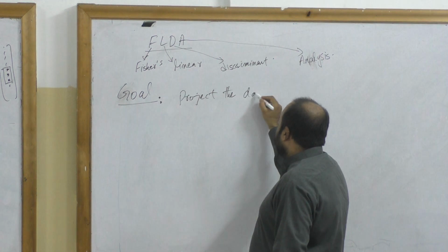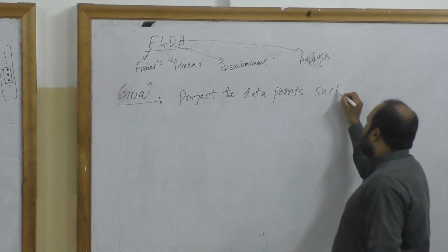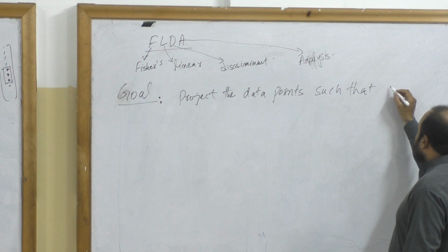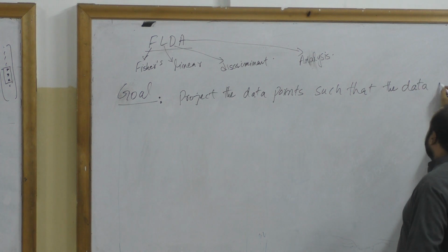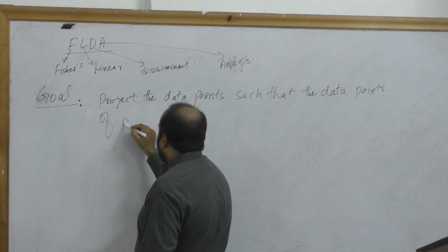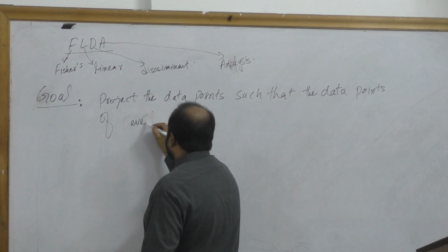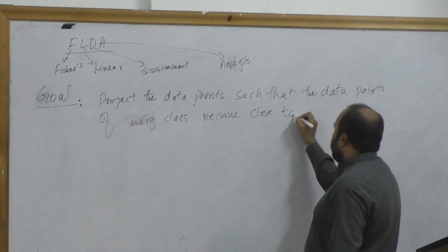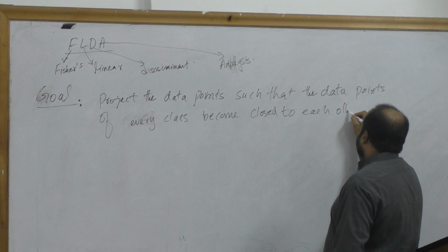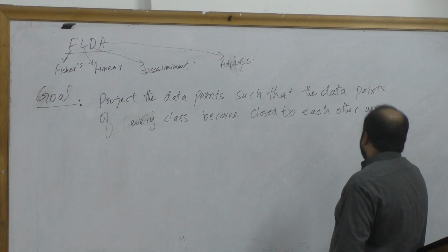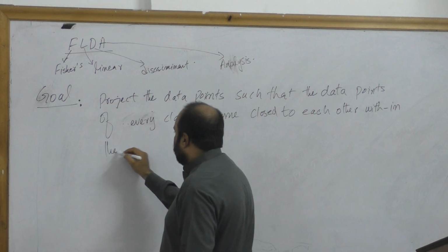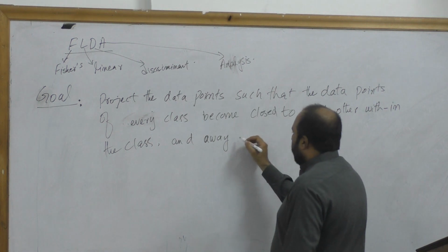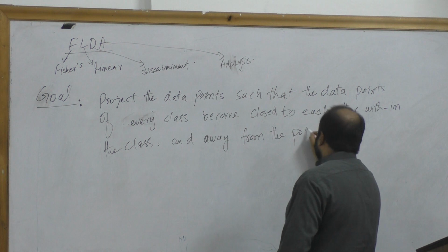Project the data points such that, I find a subspace such that the data points of every class become close to each other, within the class, and away from the points of other classes.